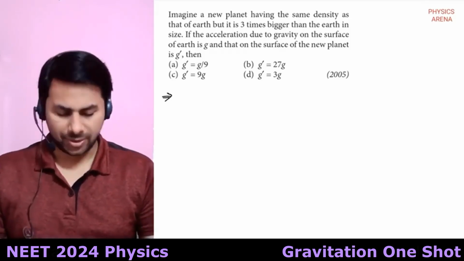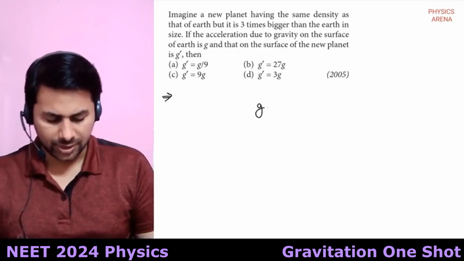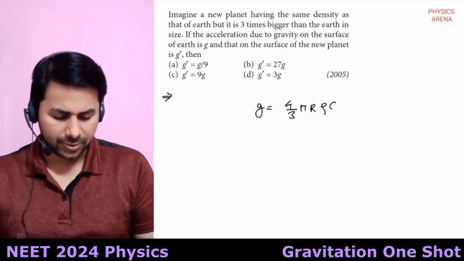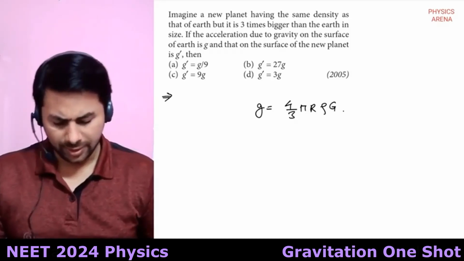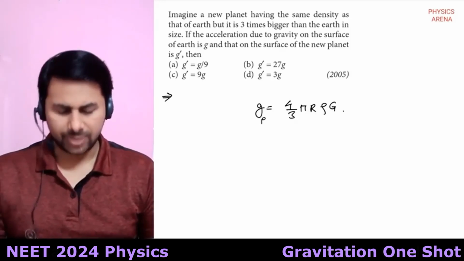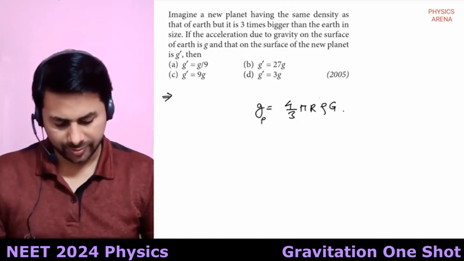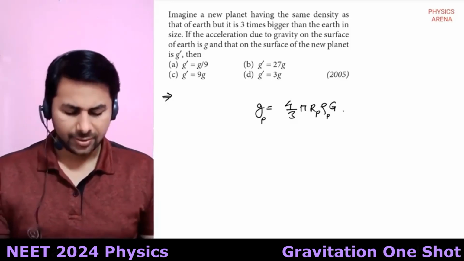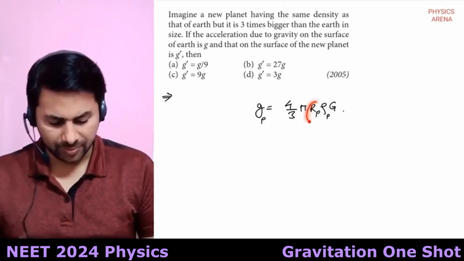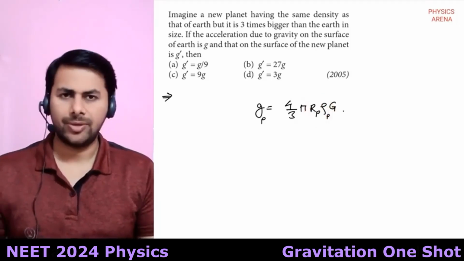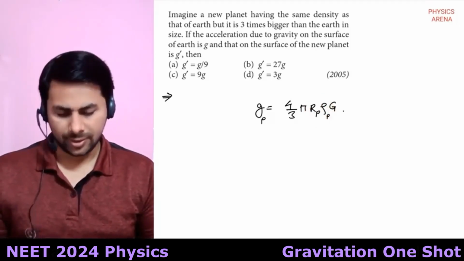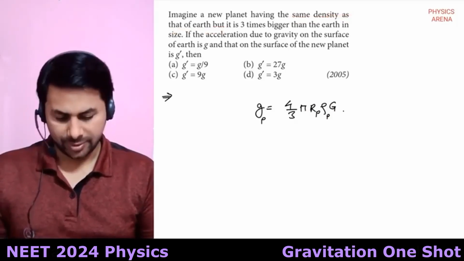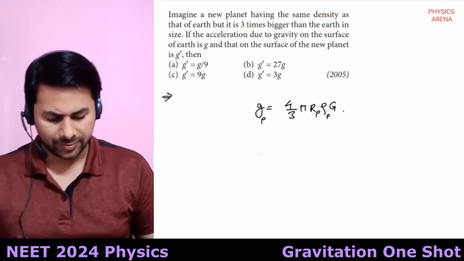Four by 3 pi r rho G. Okay, g is equal to 4 by 3 pi r rho G, and this is for that planet, so let's suppose it is gp. Okay, so it will be rp, density of that planet. Okay, only these things will change. Rp is radius of the planet, rho p is density of the planet. And what is given? Same density as that of Earth, but it is 3 times bigger.